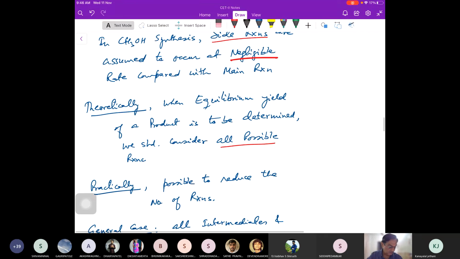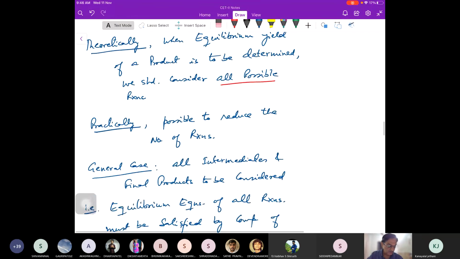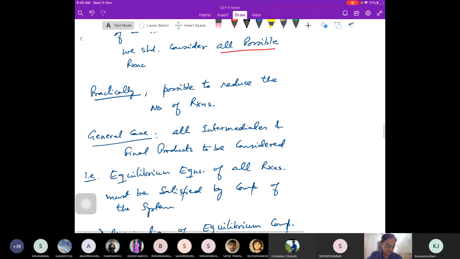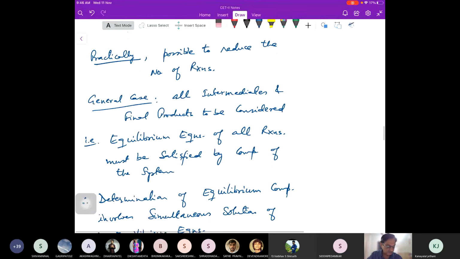Consider करना चाहिए, but practically it is not possible because quantities may be very small, 1%, 0.1%, very, very small quantities. So in the general case, we'll derive all these things for all compounds and then see how to use it.